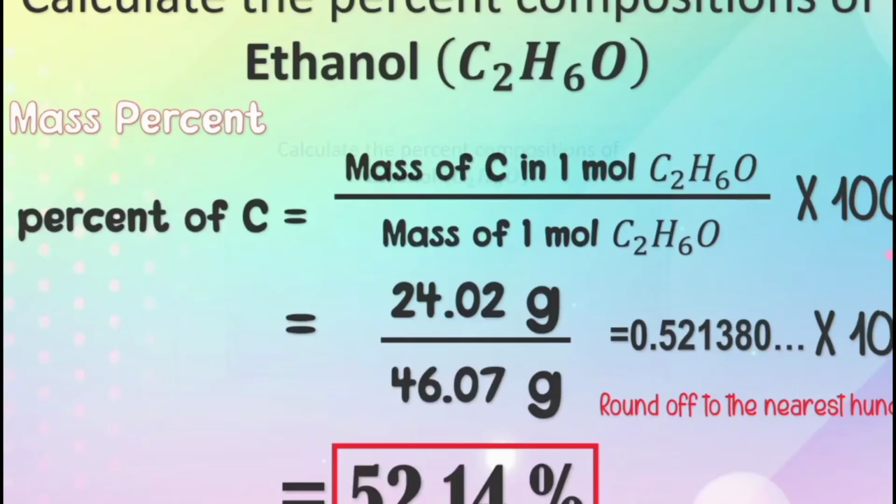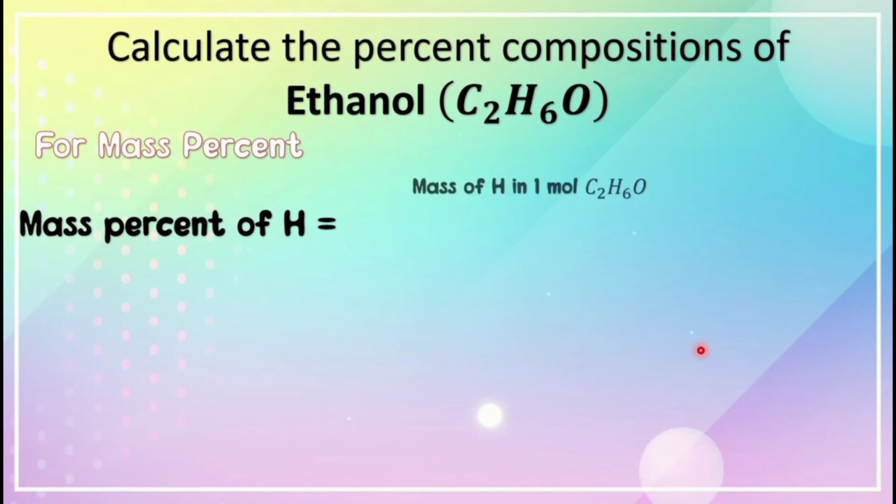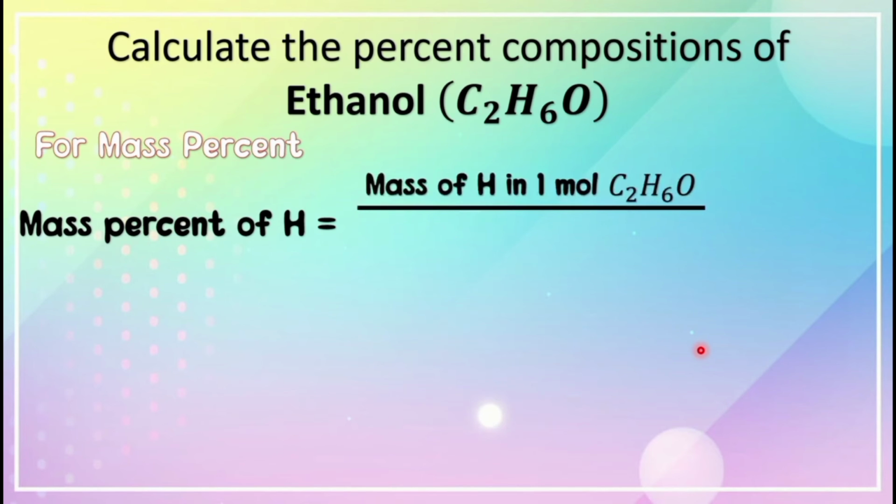Now, the same process as what we have done for carbon. Percent mass of hydrogen is equal to the mass of hydrogen in ethanol divided by the mass of 1 mole of ethanol times 100.